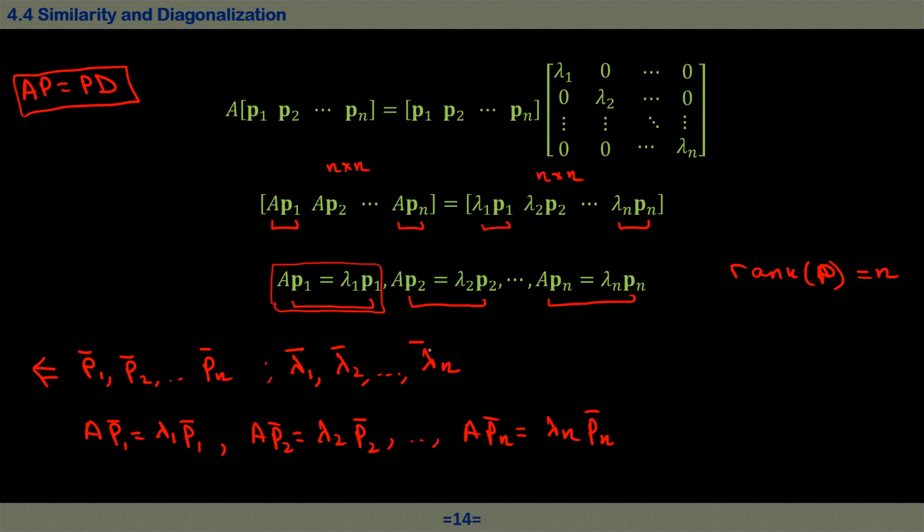Since the columns of P are linearly independent, the fundamental theorem of invertible matrices implies that P is invertible, so that P inverse times A times P is equal to D. That is, A is diagonalizable. You're just moving backward here.